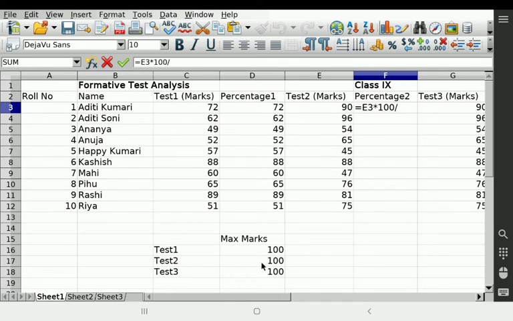So what is the cell reference? Absolute cell reference, $D$17. So write here $D$17 and press enter button. So Aditi has got 90% in test 2.